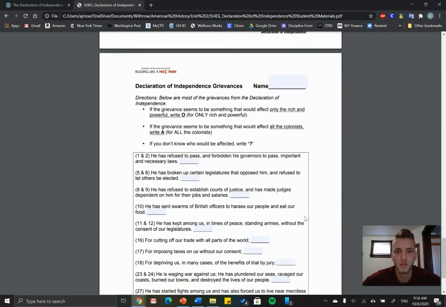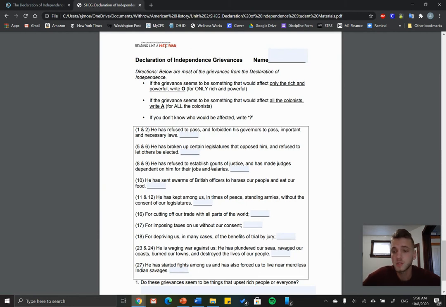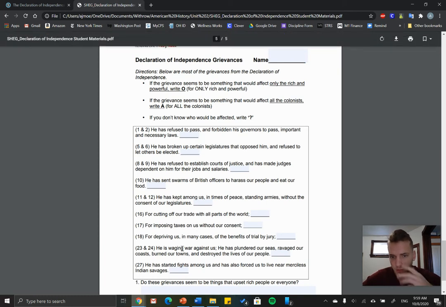So then you'll go on to page 5, to the final page. And most of the Declaration of Independence, if you look at the actual document, is grievances, which means complaints against the king and against the British in general. So you have a list of these grievances, not all of them, but most of the grievances here in a list.